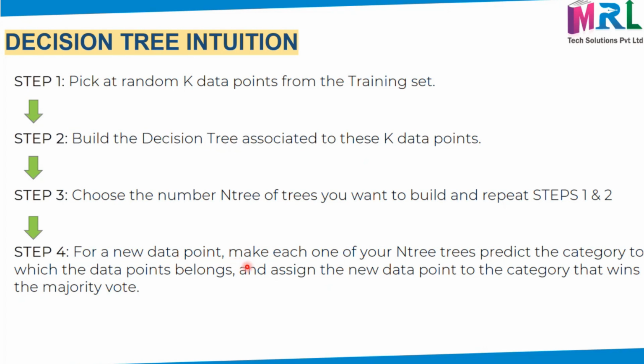Okay. And then finally, the average of all those things, the point to the majority. Okay, it will take the majority of that and then it will decide. Okay. So point to the category that wins the majority.